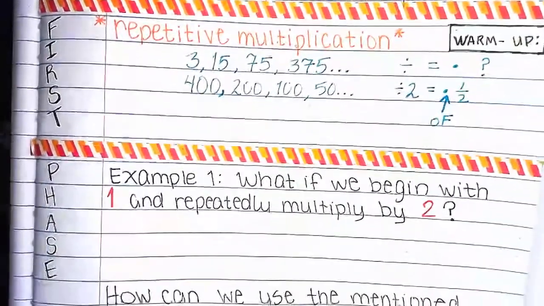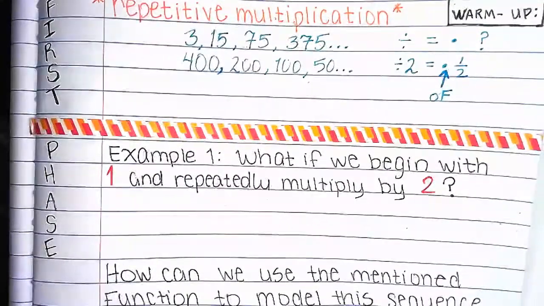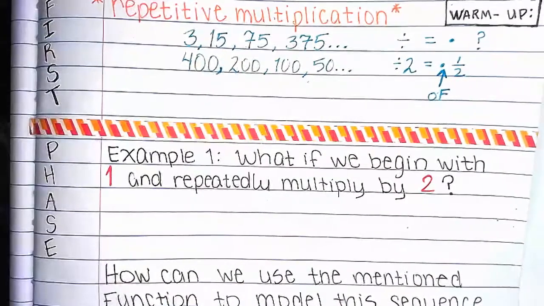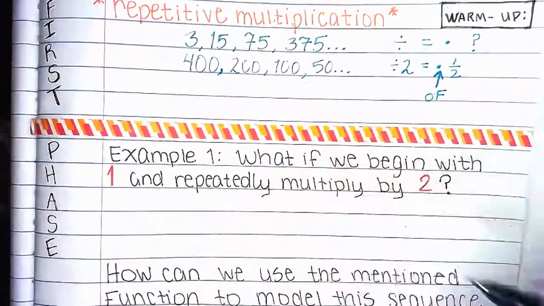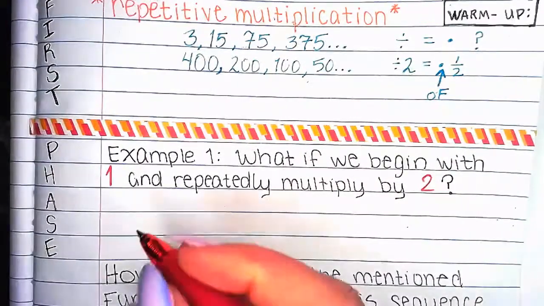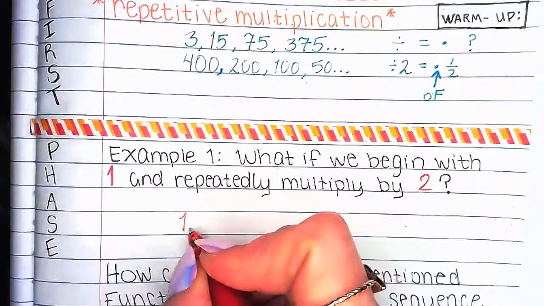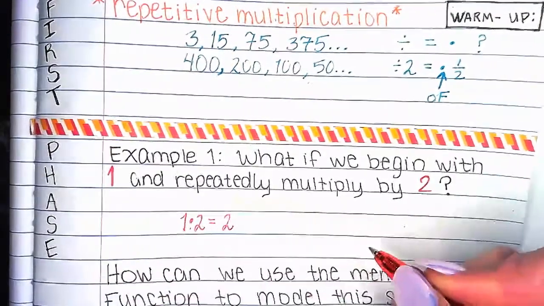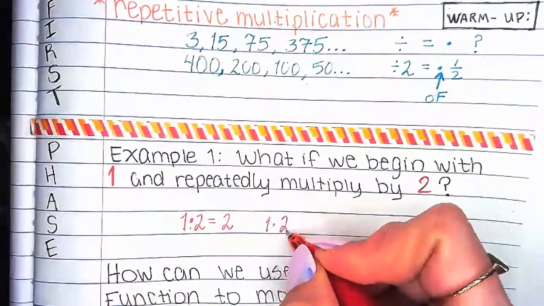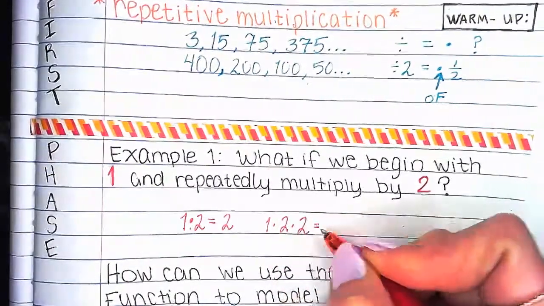Let's go down here and look at example 1. What if we begin with 1 and repeatedly multiply by 2? Okay, so I'm going to begin with the number 1, and we're going to continually multiply by 2. So what's 1 times 2? 2. What if I had done that again? 1 times 2 times another 2.